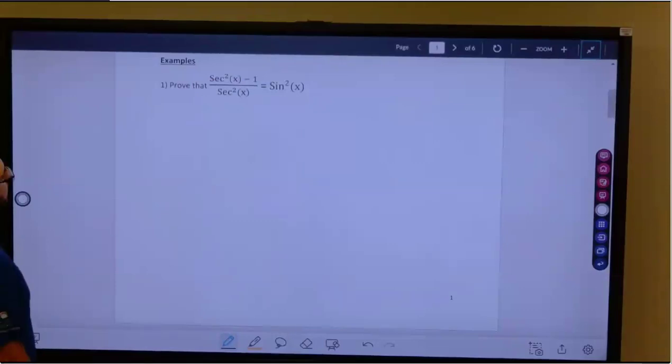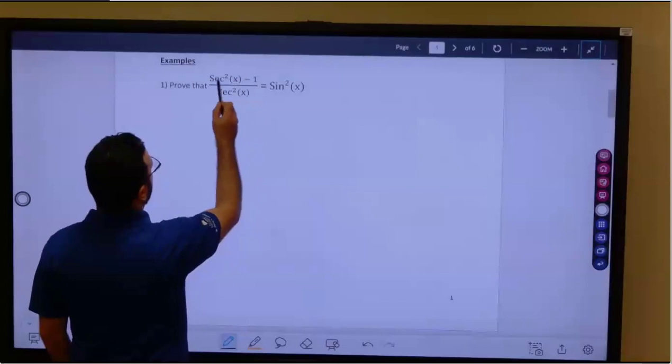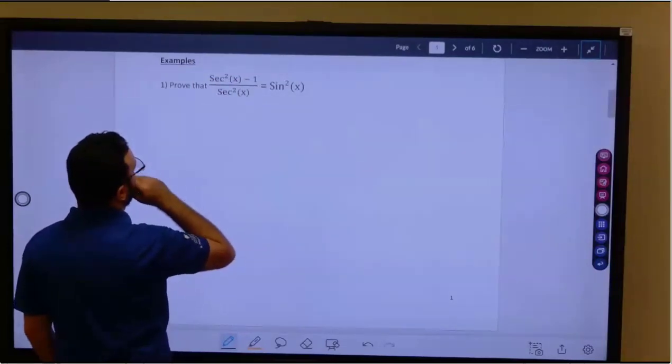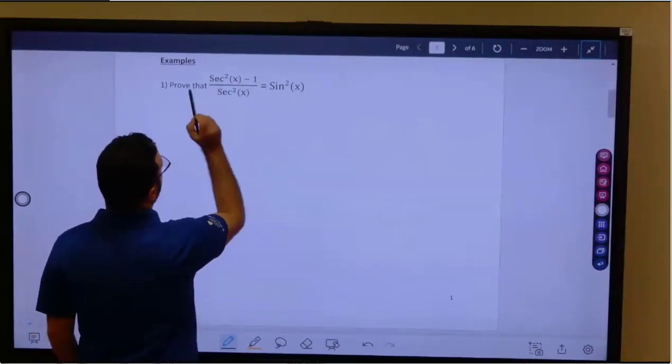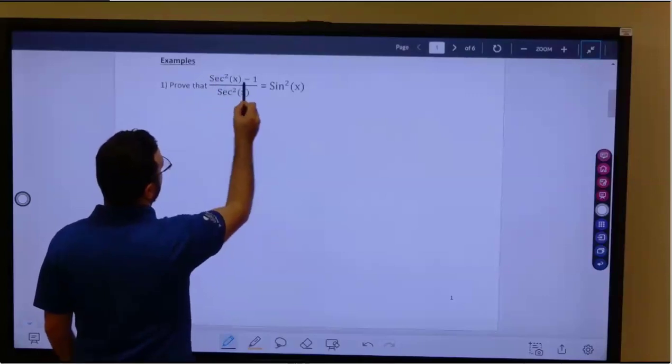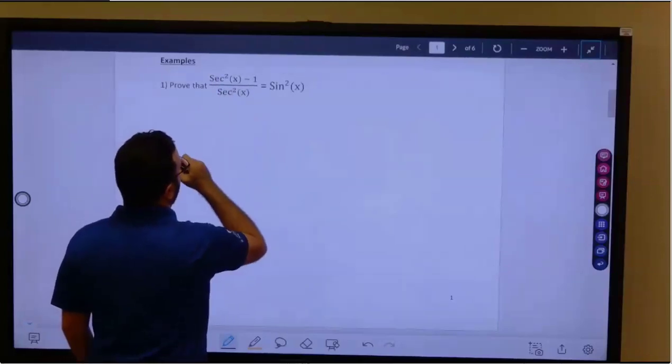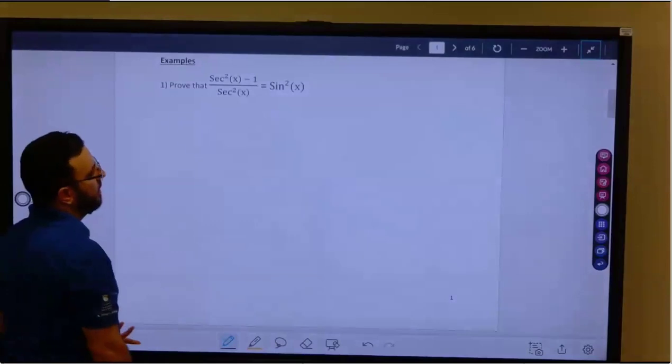So if you look at the top here, the secant squared x minus 1. Again, you can't cancel the secant with the secant because there is a minus here. So I have to use one of the identities.